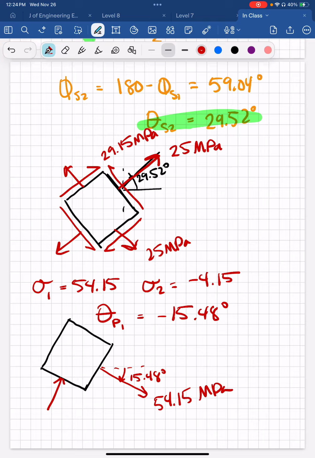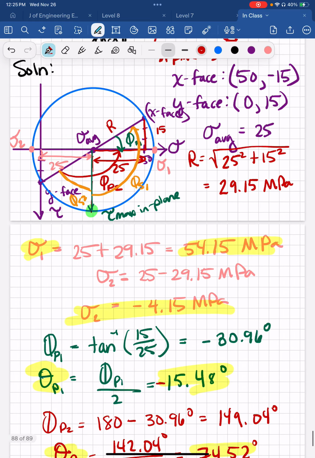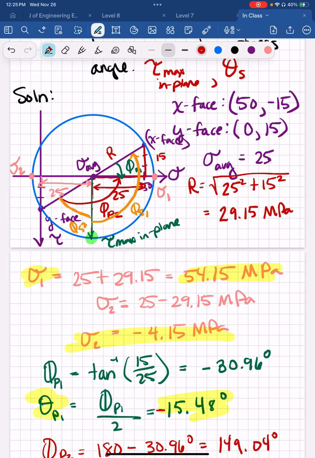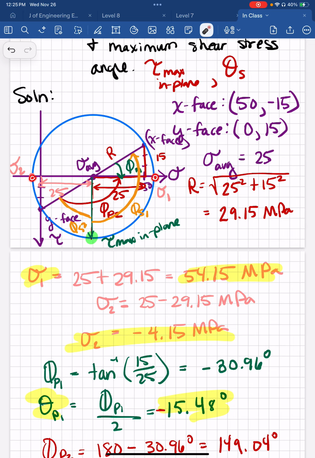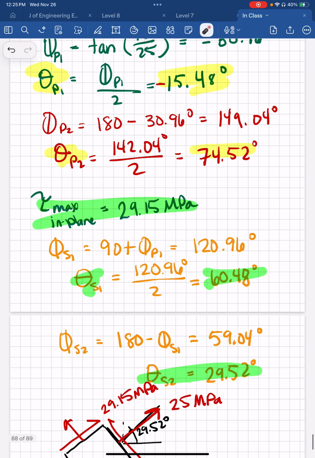Stress 2 is in compression, so that's 4.15 megapascals pointed inwards. And then we don't have any shear stresses at those points, and you can see that in the Mohr circle. The stress ones are these pink ones here, along this axis, where tau equals 0. And that's it.